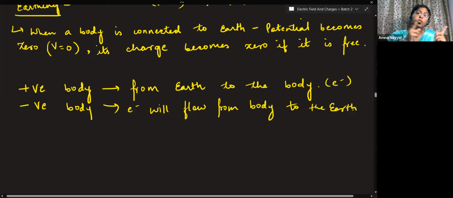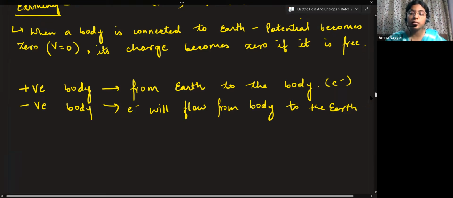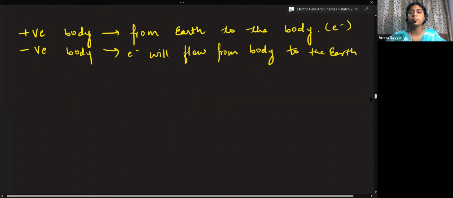Electrons can transfer from earth through the body if the body is positively charged, because from a positively charged body, electrons won't move; positive charges are already lacking electrons. So electrons will flow from earth through the body in case of a positively charged body, and in case of a negatively charged body, electrons flow from the body to earth. Now using this concept, how does the question on induction come?